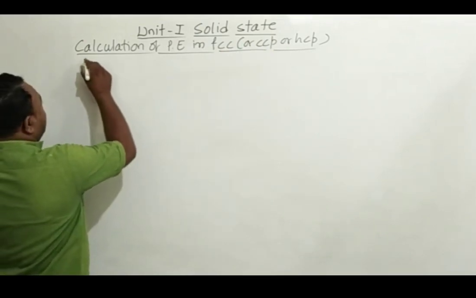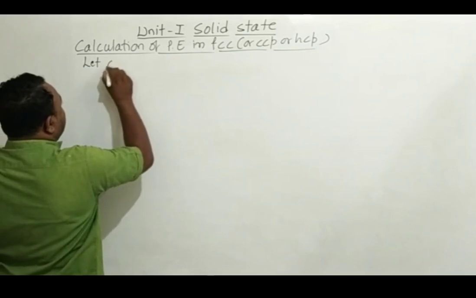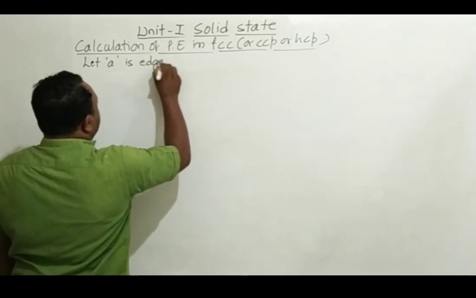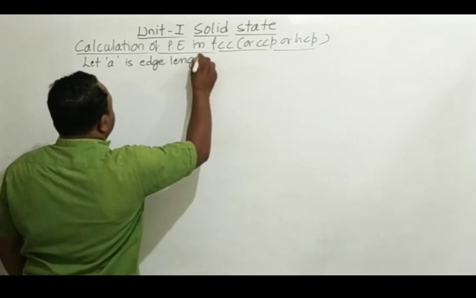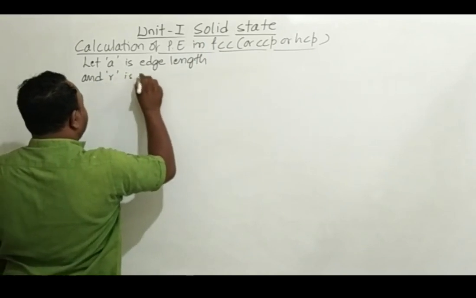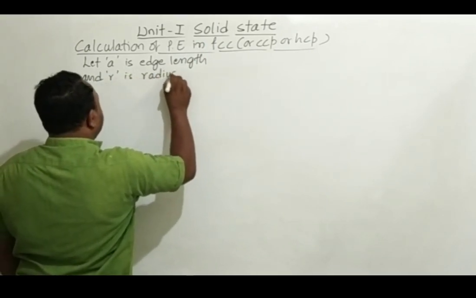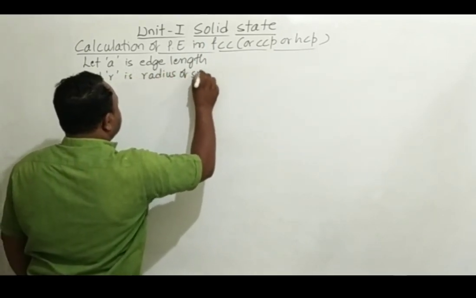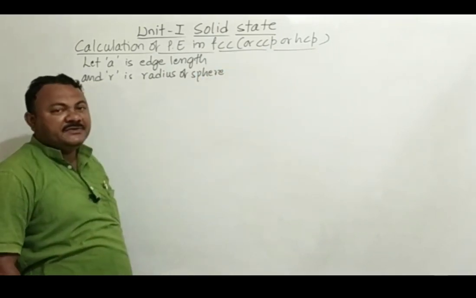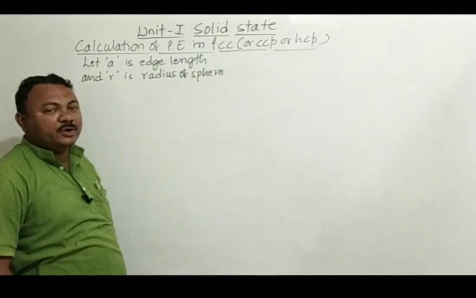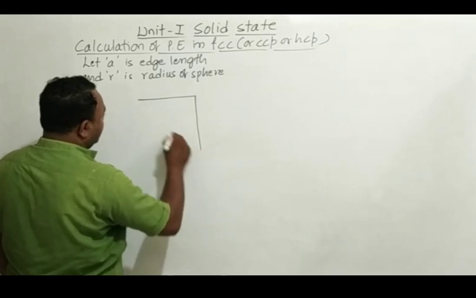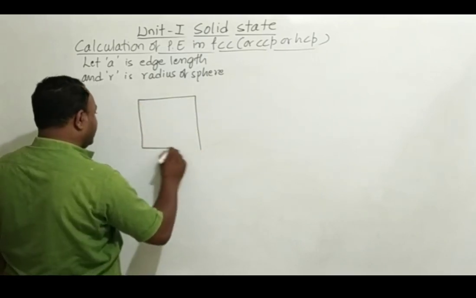For this, let us take A as edge length and R is radius of a sphere, which is nothing but the atom. A is the edge length, R is the radius of the sphere or the atom we take. We draw a FCC unit cell.